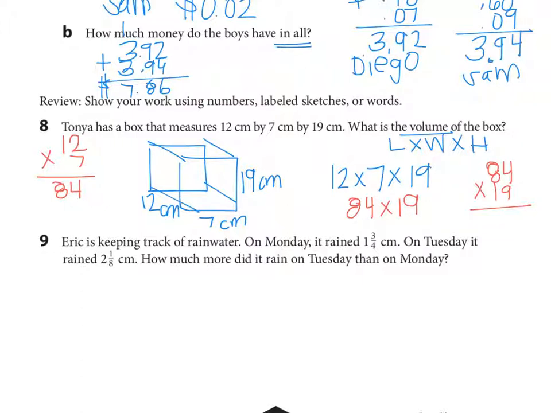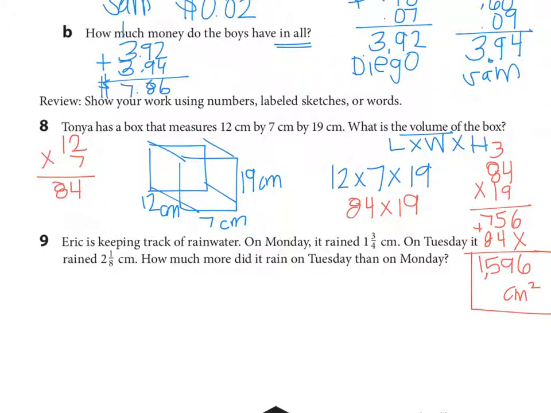So 4 times 9 is 36, and 9 times 8 is 72, plus 3 is 75. I'm going to hold the place value because I'm moving over to the tens place. 1 times 4 is 4, 1 times 8 is 8. I'm going to add, I see it's 6, 9, 15. Therefore my answer for what is the total volume is 1,596 centimeters squared.